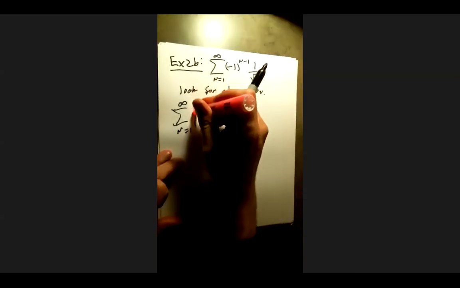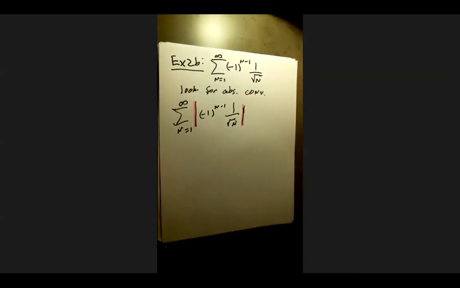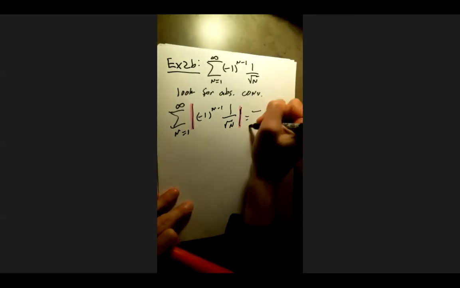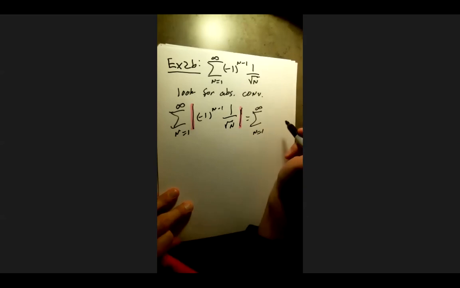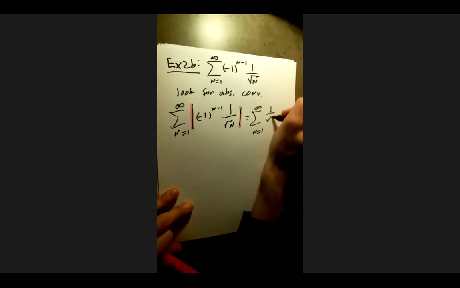What are those absolute values going to simplify this to? Just the sum from n equals 1 to infinity of what? One over square root n.